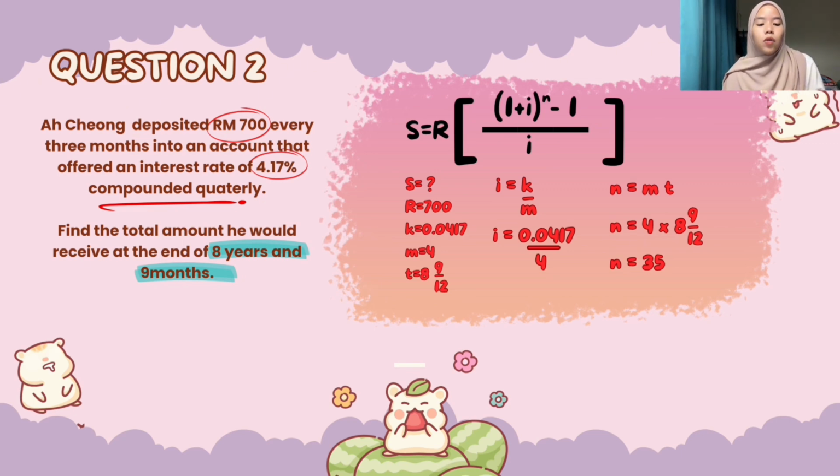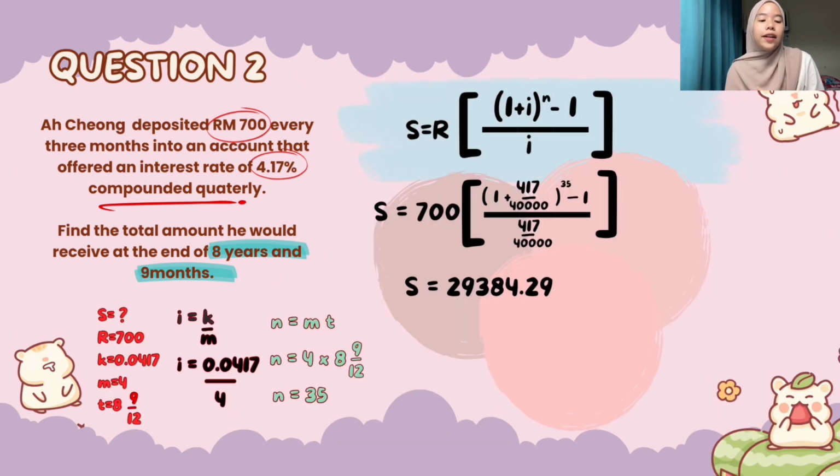Here, I equals 0.0417 per 4. Next, to find N, we use the formula N equals M multiply T, which means N equals 4 multiply 9 and 9 per 12. And the answer for N is 39. To get the final answer, we simply substitute everything we have already calculated into the formula for S. You know that R is 700 and I is 0.0417 divided by 4.